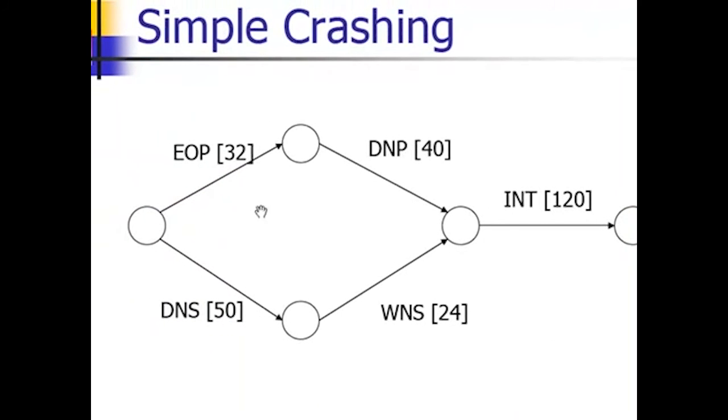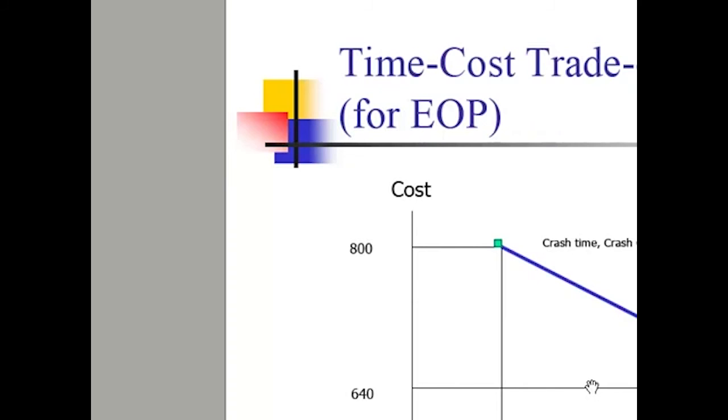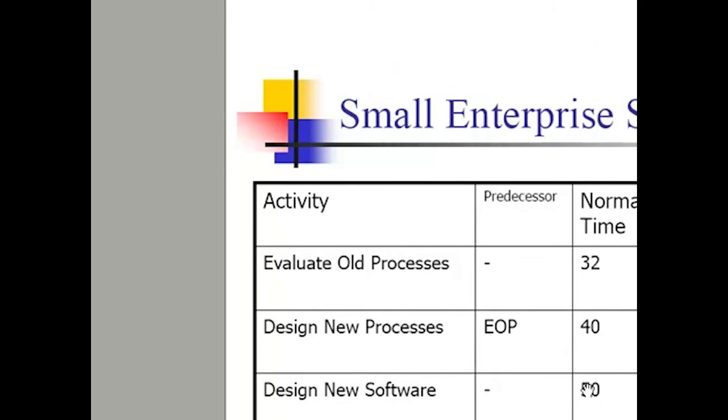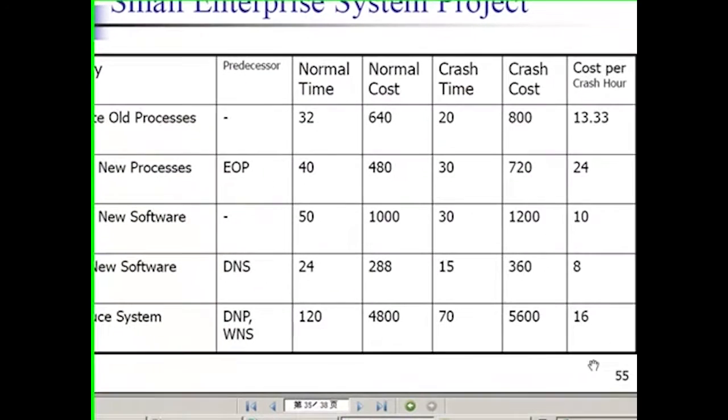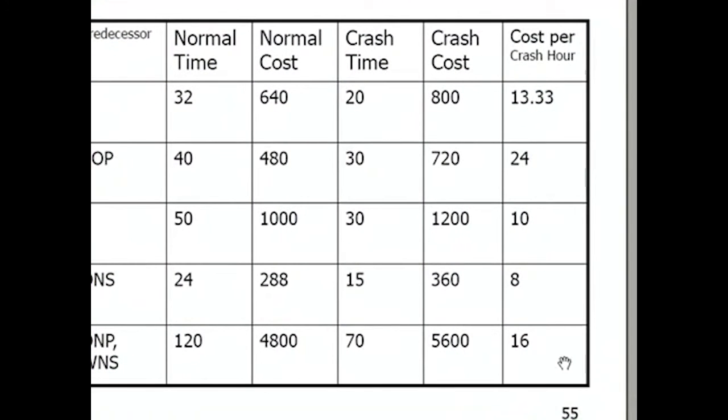So we know that we have to pay, for every additional hour reduction in the completion time, a cost of $13.33 plus $8. So that's $21.33. But of course, we need to consider if we are only reducing the duration of this activity here.